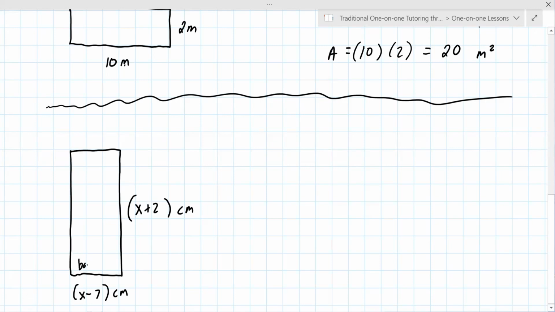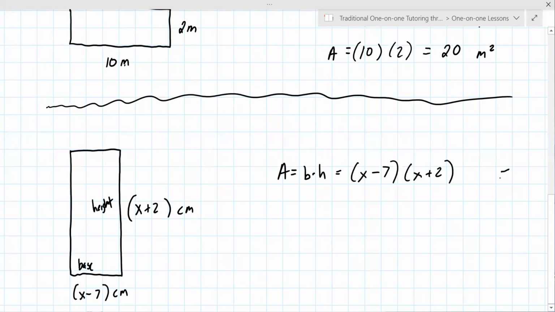So this is the base down here, and this is the height. The area is still base times height. The base, though, is an expression. The base is x minus 7. The height is x plus 2.